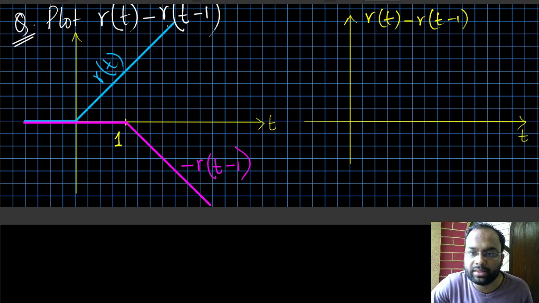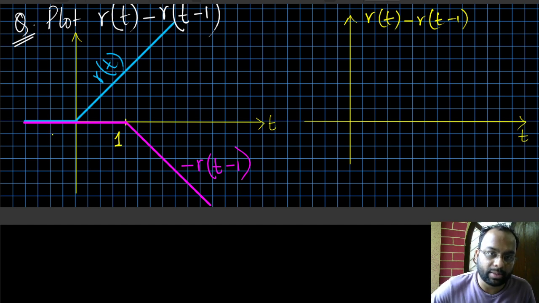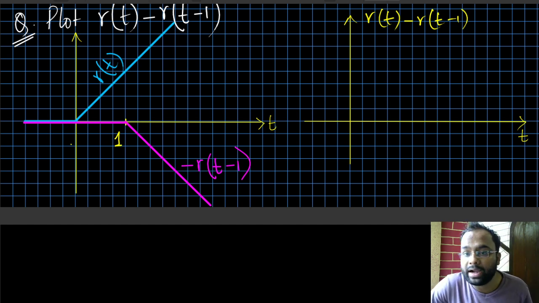So we have r(t), the one in cyan. Yes, Shamama is correct here. And then we have minus r(t minus 1), the pink one here, right? So what is going to be the sum here?